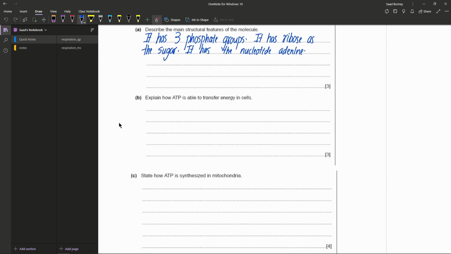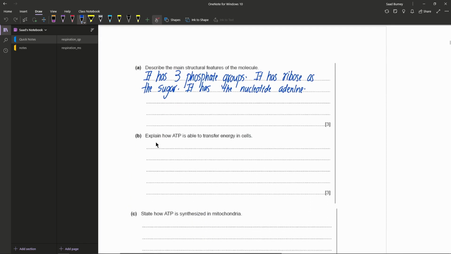Okay, so part B says, explain how ATP is able to transfer energy in cells. So it is a small and soluble molecule that releases energy upon hydrolysis.